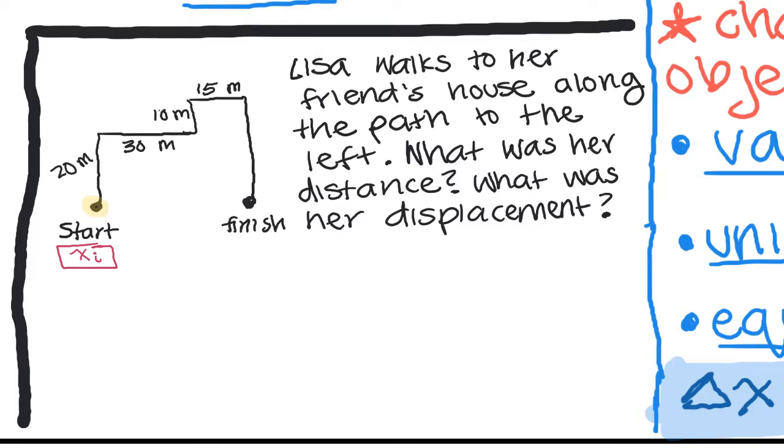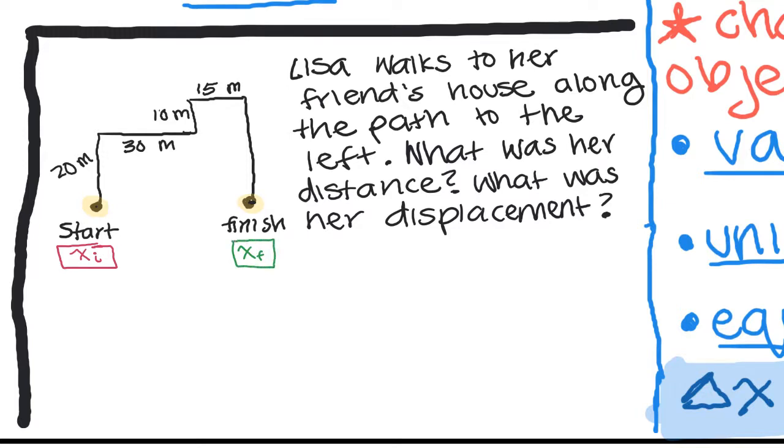And we know that she finishes right here at this finish position. So I'm going to go ahead and label that, let's change my colors a little bit, as xf.